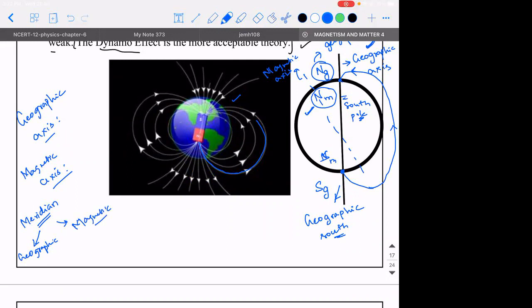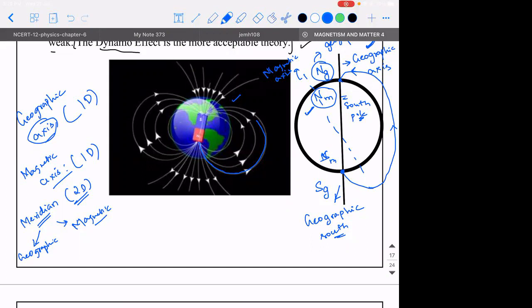Generally when we use the word axis, is it one dimensional or two dimensional? The magnetic axis is one dimensional, and the geographic axis is also one dimensional. Whereas when you talk about meridian, it is two dimensional. What is the technical name given to two dimensional shapes? We call them planes, right?